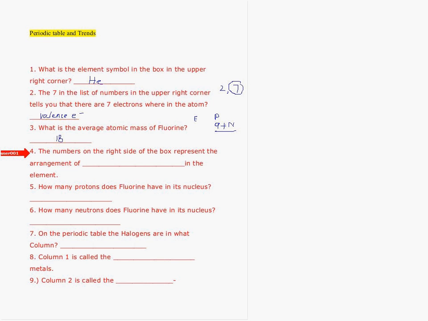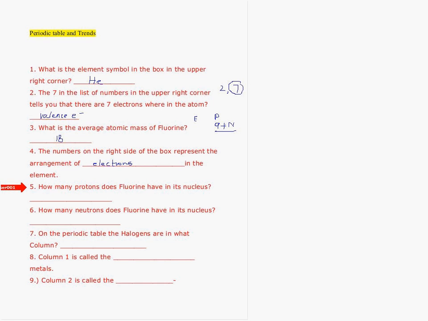It can be electrons, right? Because we are arranging electrons. This question is a little tricky, and you have to read it again.